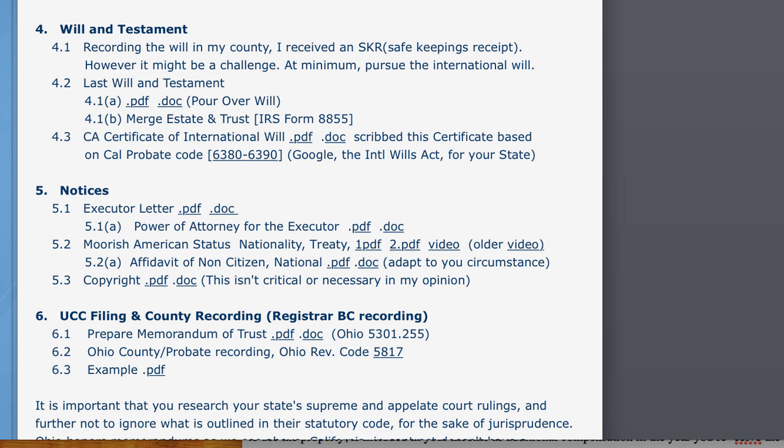But another point I was going to make is that in your last will and testament, there's an executor appointed for the estate. In my last will and testament, the executor is the closest thing, the living man that's facilitating the business for the estate.